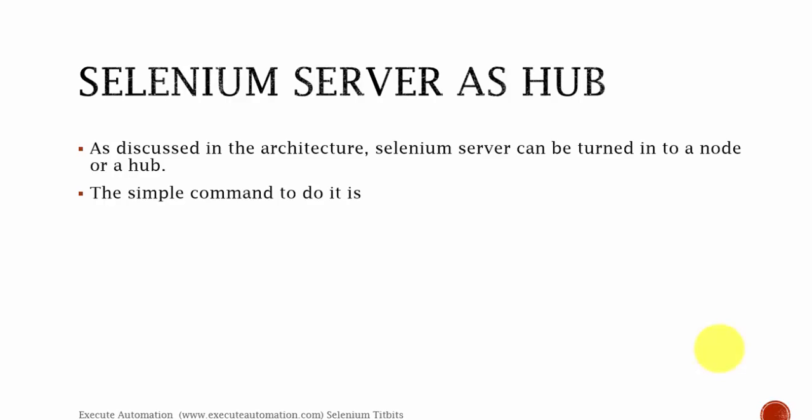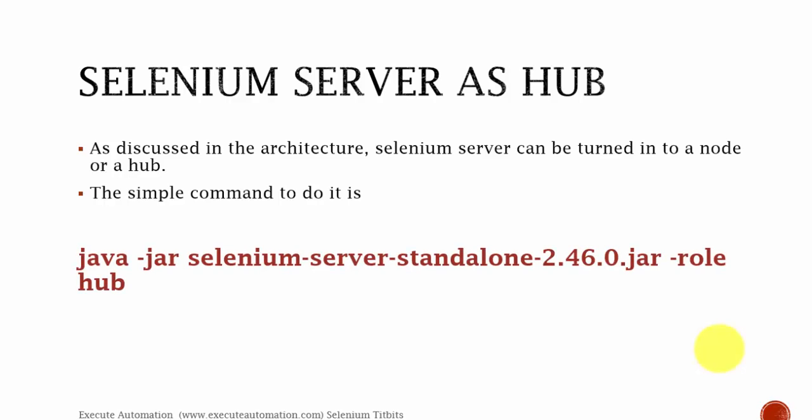As discussed in the architecture, the Selenium server can be turned into a node or a hub, and the simple command to do it is this: java -jar, the Selenium server jar file that you have to place, and then you tell it that the role is going to be hub. That's it. It's pretty straightforward and pretty simple, right?